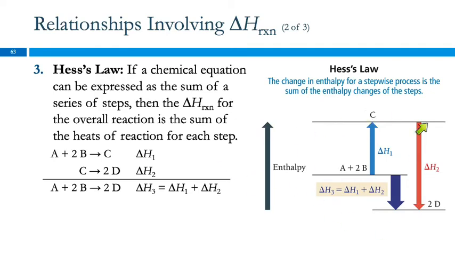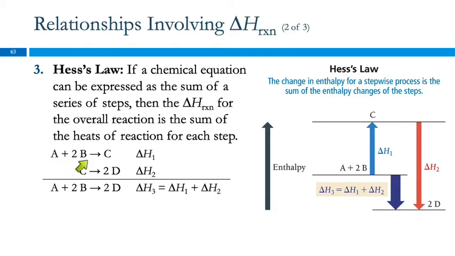So we can draw a diagram like this where we have A plus 2B going to C, and that's a positive enthalpy here. And then when C reacts to form 2D, it releases a bunch of energy. But what we're interested in is going from A plus 2B to 2D.